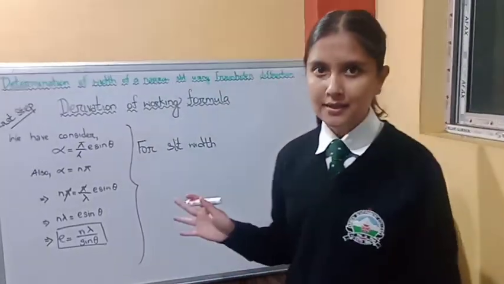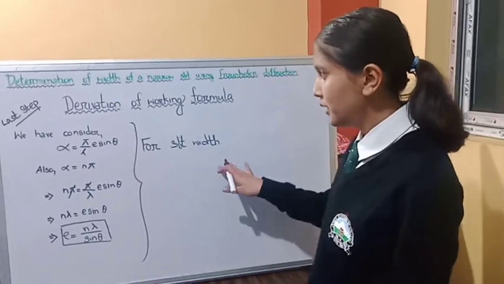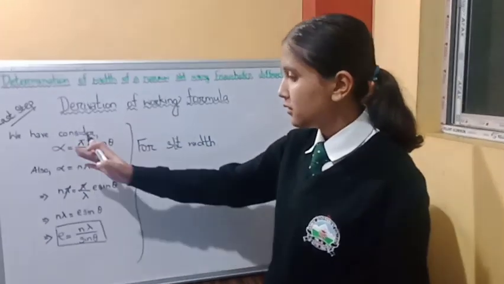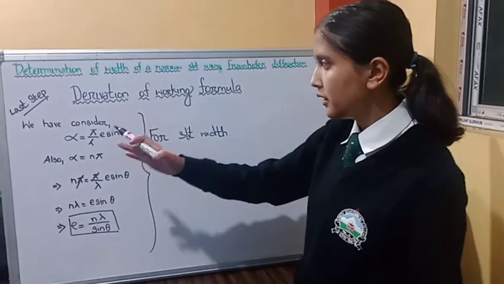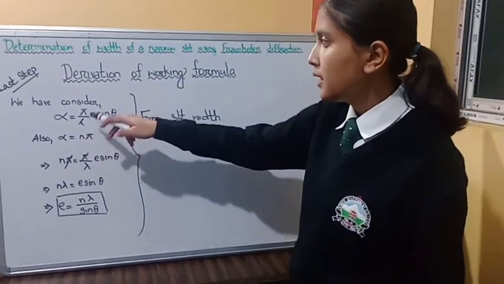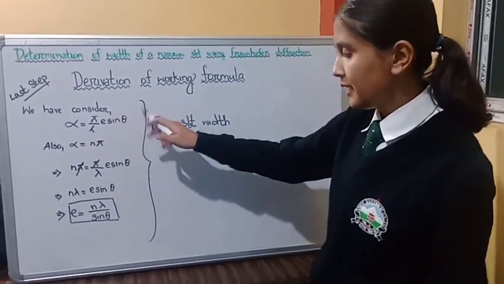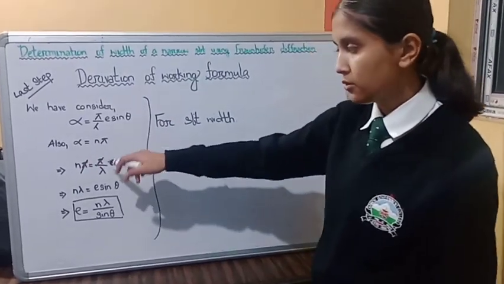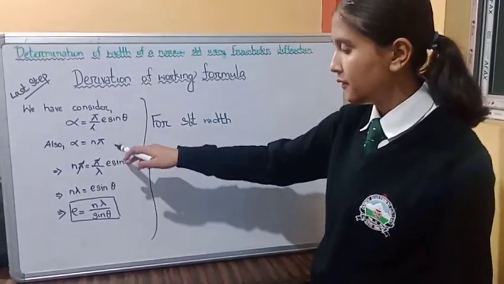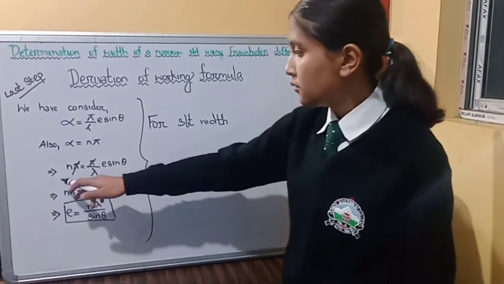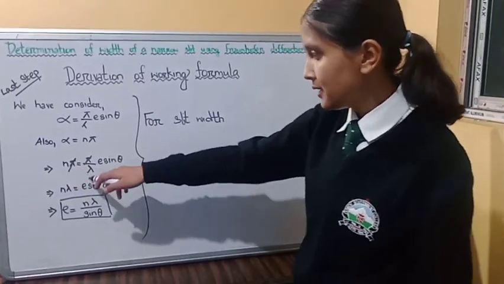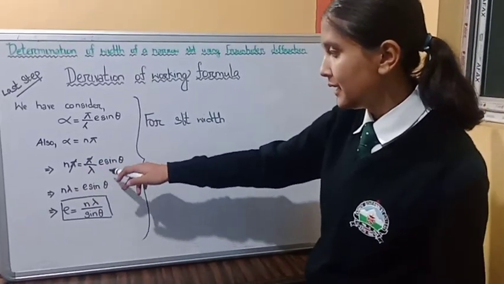So this is our last step, wherein we will find the slit width. Here we have considered earlier that alpha is equal to pi by lambda times e sin theta, and also alpha is equal to n pi from our previous step. So this will imply n pi is equal to pi by lambda e sin theta.